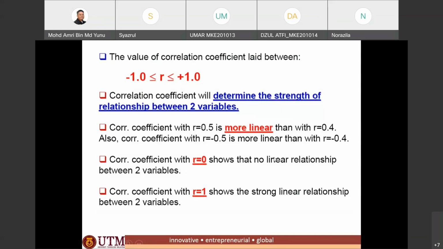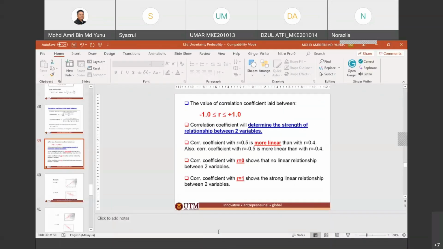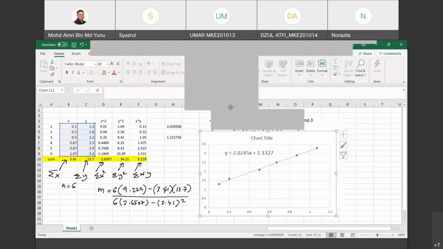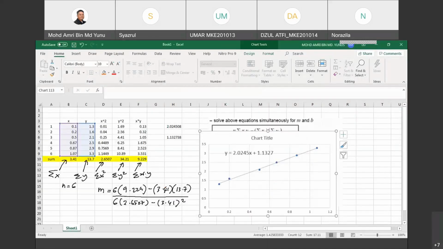So in our example before, coming back, you can also estimate the R square.